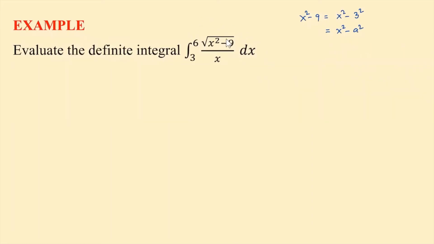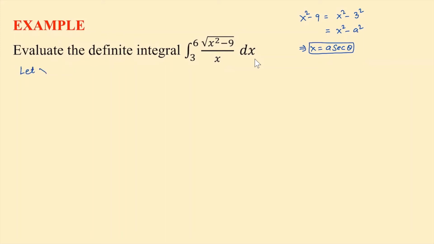Because the integral involves x squared minus a squared, we can evaluate it by making the substitution x equal to a secant theta. So we are going to make this substitution and solve this integral.